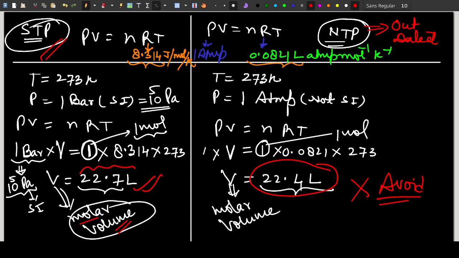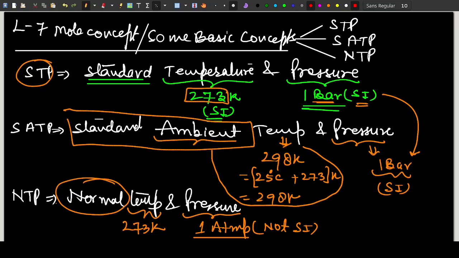Friends, here we should write 10 to the power 5 Pascal, because when we change this bar into Pascal, it changes into SI.